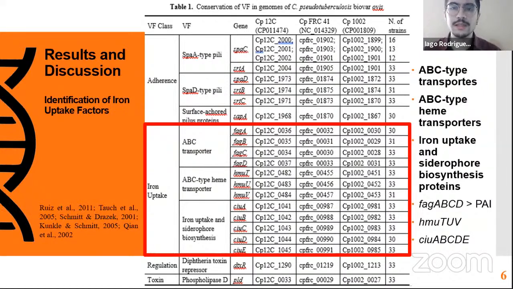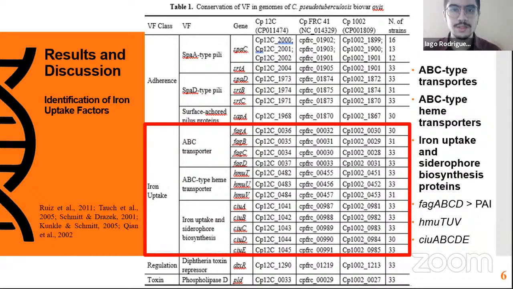Also, the genes related to iron uptake can be found in these pathogenic bacteria, since iron is known to be required for bacterial survival. So upon the infection process, bacteria tend to acquire host iron sources, like for example the heme proteins and others.